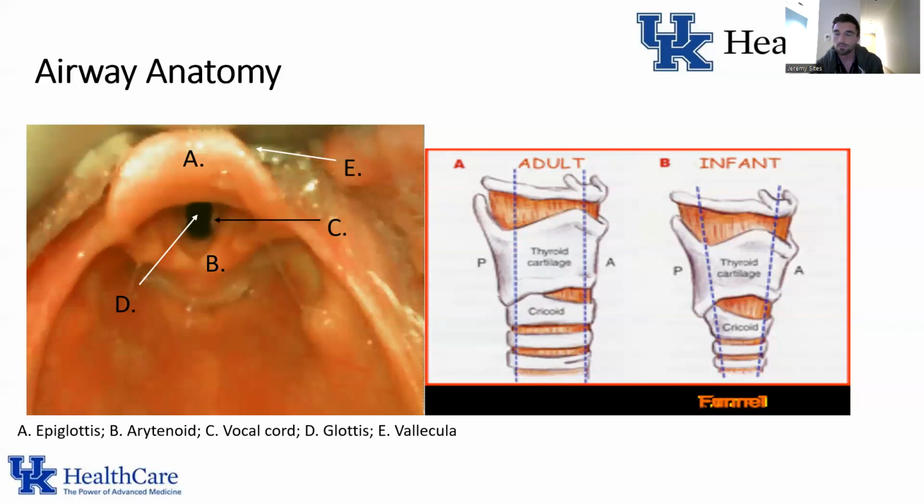Notice the conical shape of the infant's airway versus the very straight pathway in the adult airway. The cricoid, you'll notice that structure. That's the cricoid cartilage, just below the level of the vocal cords, and it is thought to be the narrowest portion of the pediatric airway. So it's an important consideration, and pathophysiologically becomes important when we talk about certain upper airway diseases such as croup, which we'll get to soon.